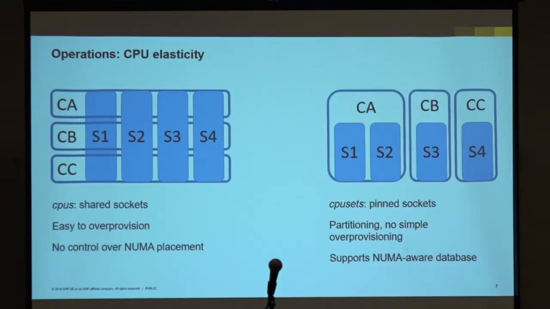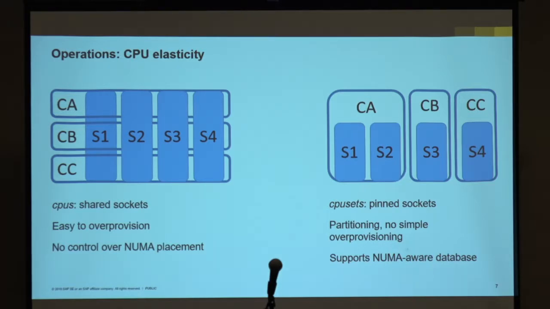Similar thing about the CPUs. I already mentioned before about the configuration CPUs, which just specifies the number of CPUs, and the container engine can choose which CPUs the containers run on. So we have, in this example, 4 sockets, S1, S2, S3, S4, and the containers, HPCC, and they just receive a certain number of CPUs or resources, and the system manages it.